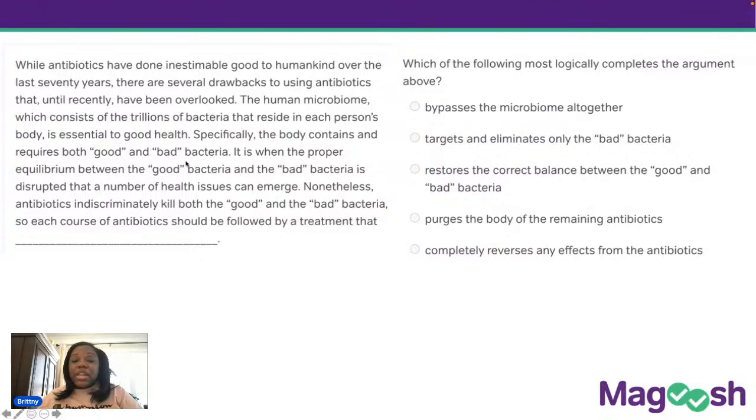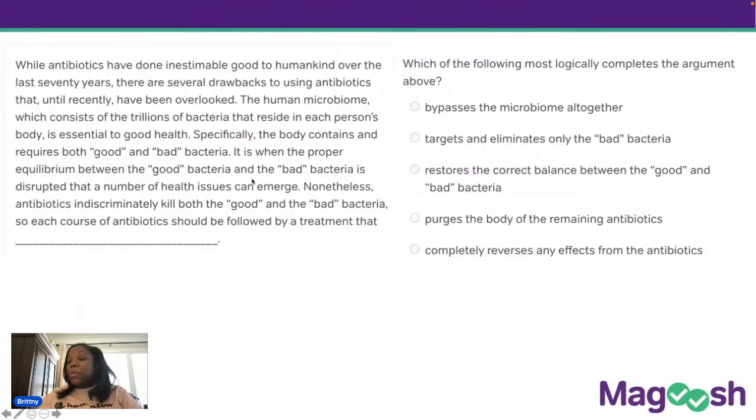It tells us that we need a balance, right? One that doesn't upset or throw off the balance of the course of the antibiotics. So again, not only does it not match our prediction, which we said was to maintain the equilibrium, but it negates our passage and the information given to us in the passage.